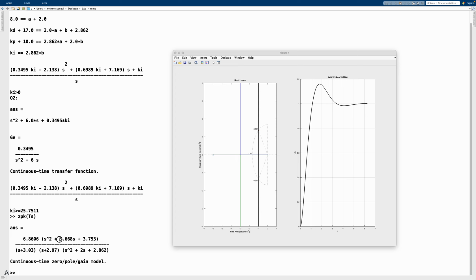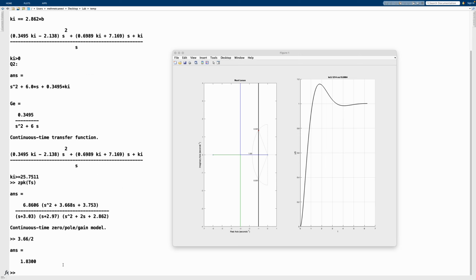But we can see that we have 3.66. If we divide that into 2, we can see that we have 1.83. So it means that the zeros are closer than the residue poles here. So therefore, our dominance factor for this system is nowhere near 3.